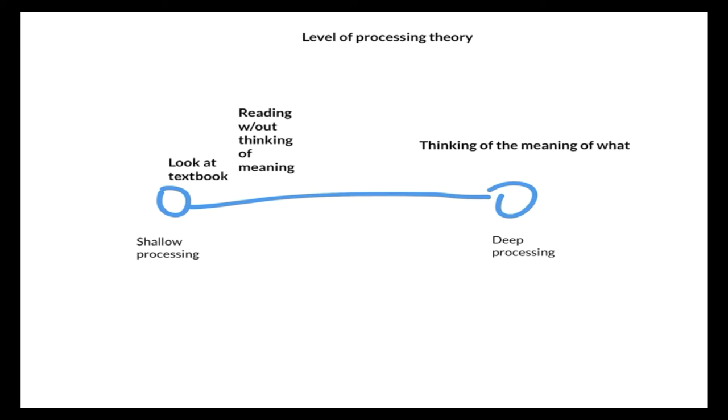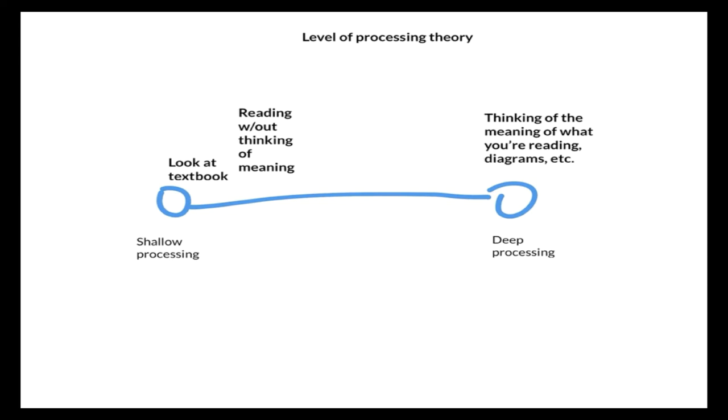Focusing on the meaning, maybe making diagrams, those kinds of things. Things that require you to really process the content of what you're studying instead of just looking at it in a very basic, surface way.